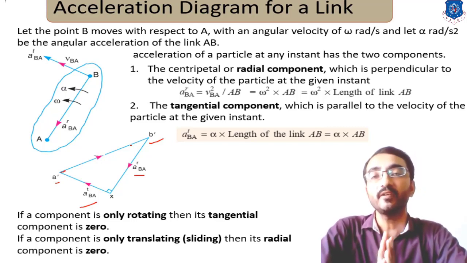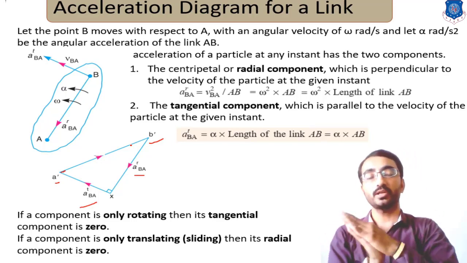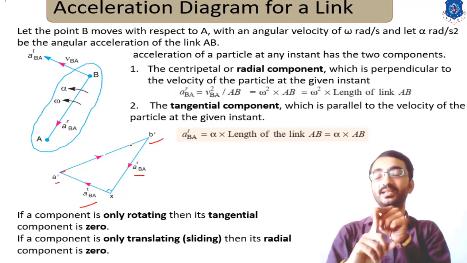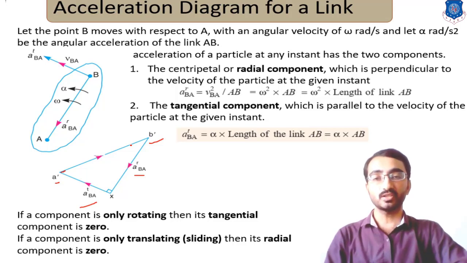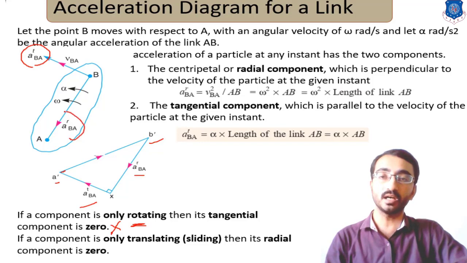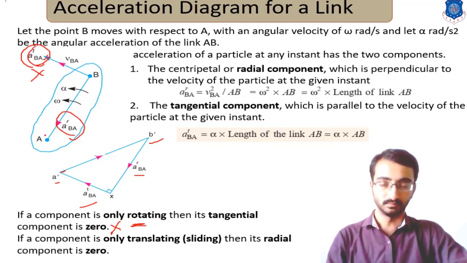First, if a component is only producing rotary motion, as in the case of a crank, where there is only a rotating component, then the tangential component is 0. In that case your system will have only a radial component.